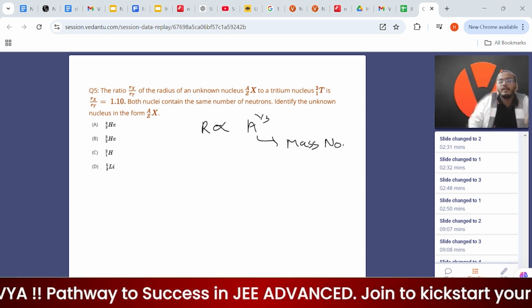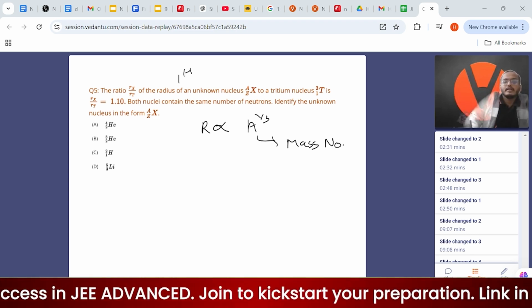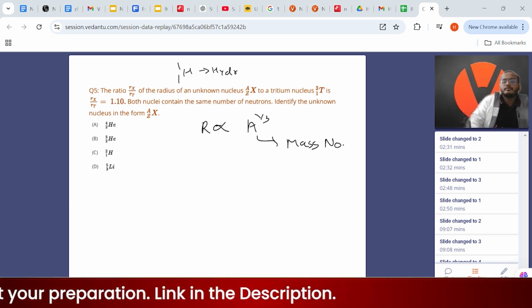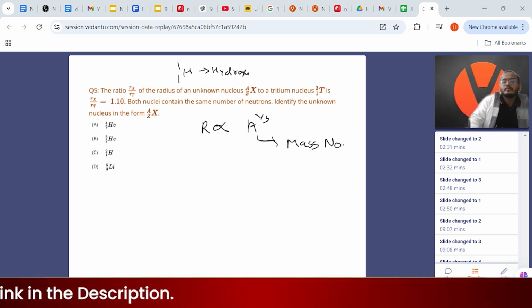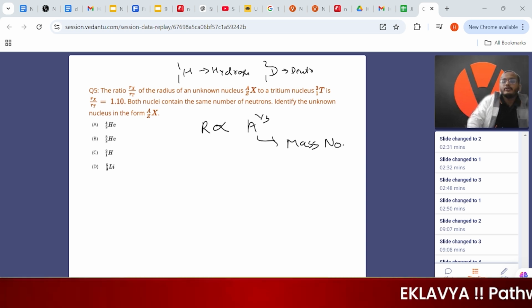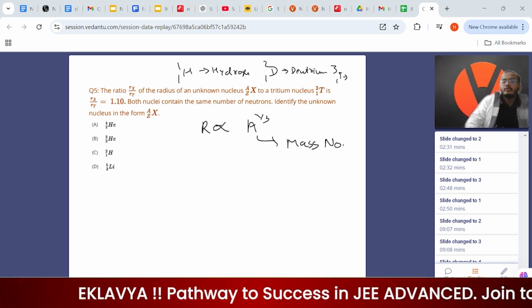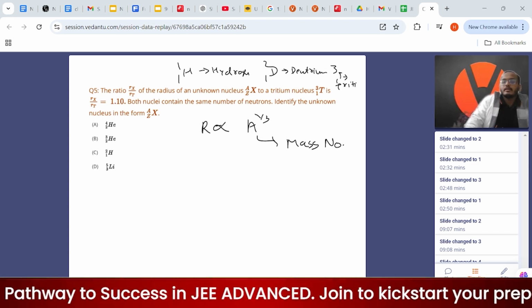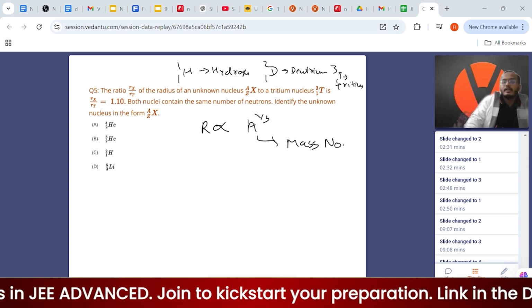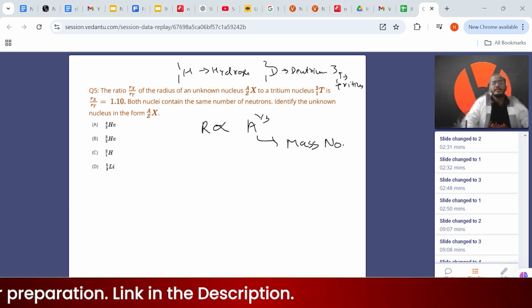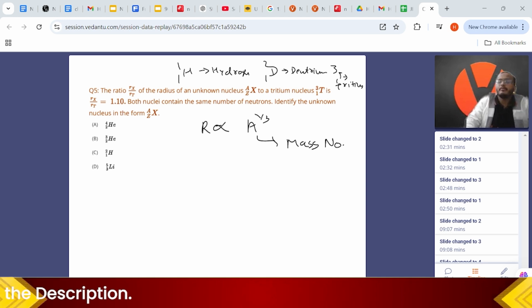Remember it, that might come. 1H1 is hydrogen, 1D2 is deuterium, and 1T3 is tritium.